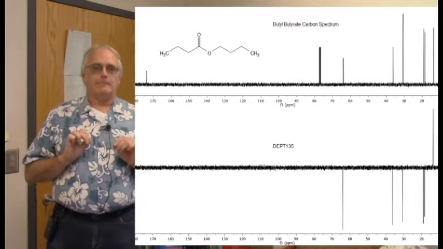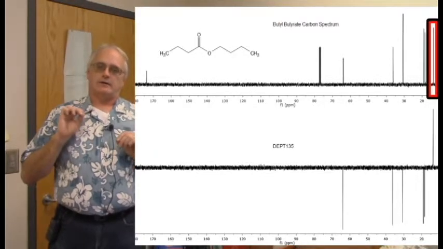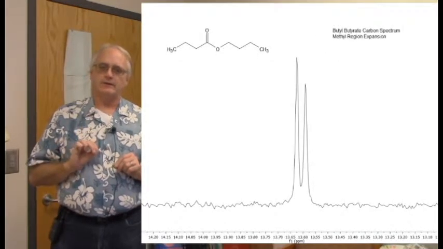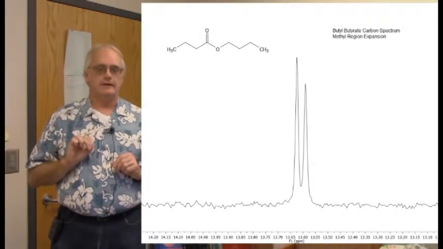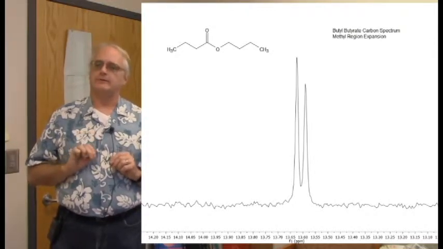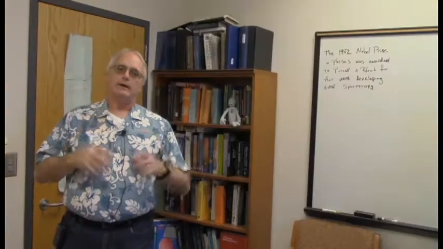We focus in on the methyl groups. The DEPT 135 told us these are methyls. It looks like one peak, but if you zoom in very carefully, oh, there it is. They are 2 peaks. Again, almost perfectly overlapped, but not quite. We can see the difference.